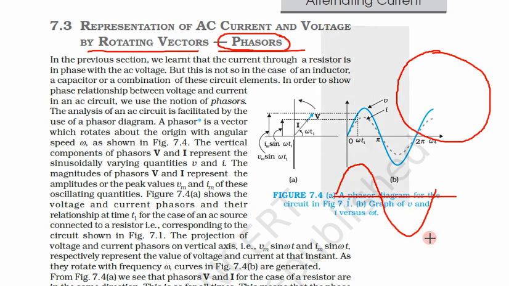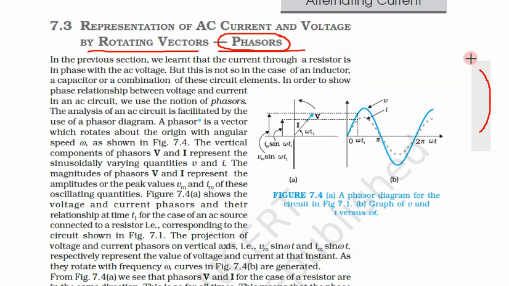Let us see what will happen if we do the reverse. Suppose this rotating motion is happening and this rotating motion is represented by this vector or this magnitude. Then we call this vector a phasor. Here the frequency is omega.